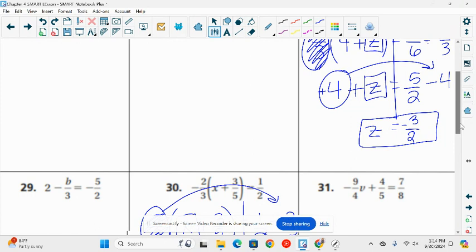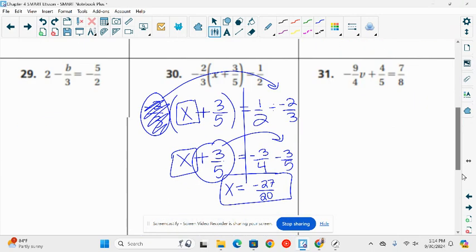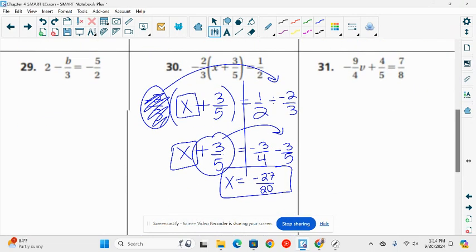Alright, I noticed that a lot of you are not done, but that's okay. Let's look at number 29 because 29 is giving the people the most issues. If I have 2 minus b over 3 equals negative 5 halves, what do I move first? The 2.